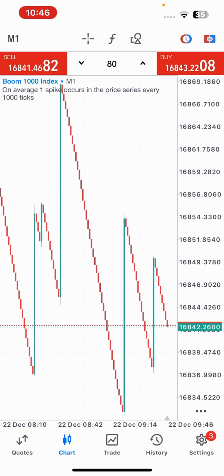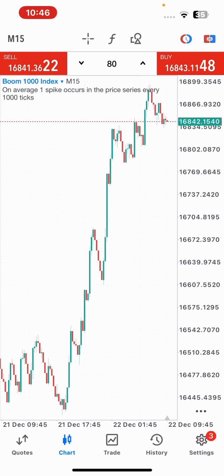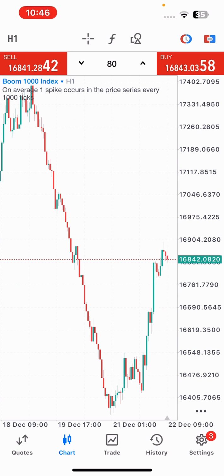Whatever we are doing on our charts, moving from one time frame to another, the M5, the M15, the M30, you may wonder why we keep moving between time frames. We're basically just trying to get a better view and a better understanding of the charts.